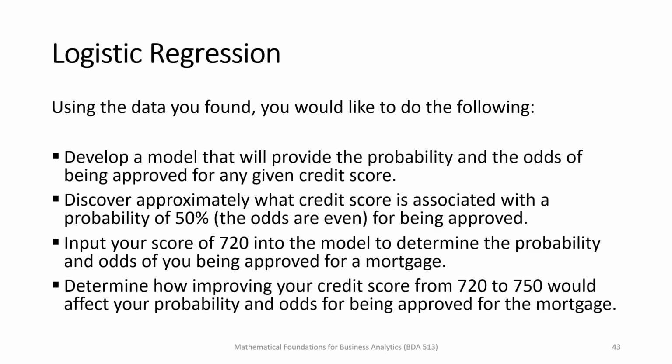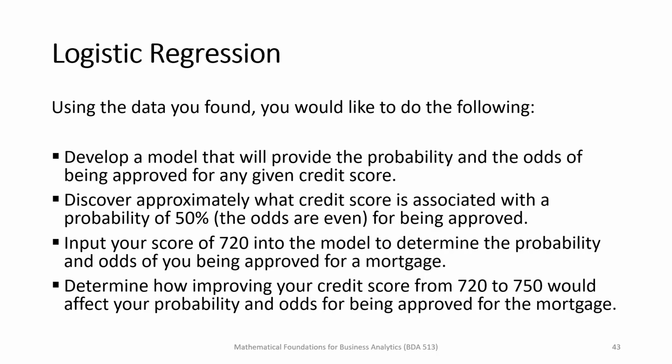So you know your credit score, you found some data online, and you want to build a model that will determine whether a typical loan application or mortgage application will be approved or not. Then you want to factor in your own credit score to see whether you'll be approved.